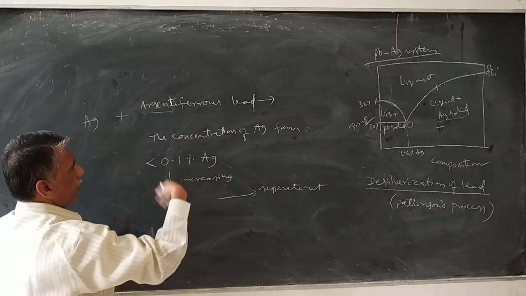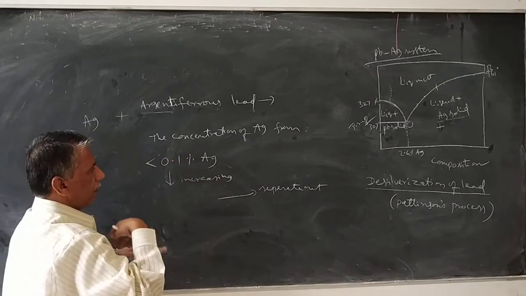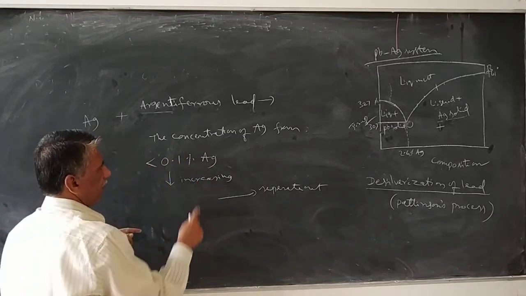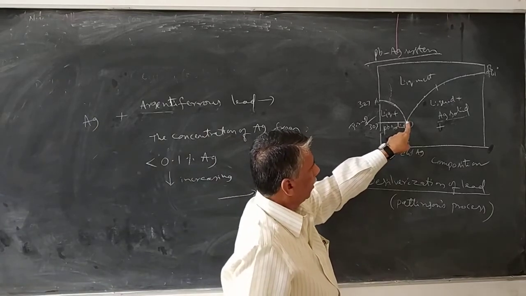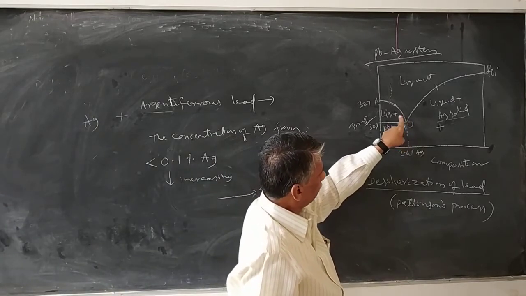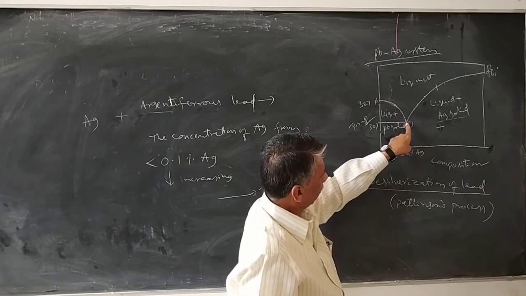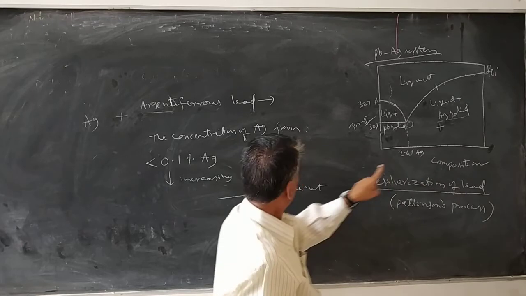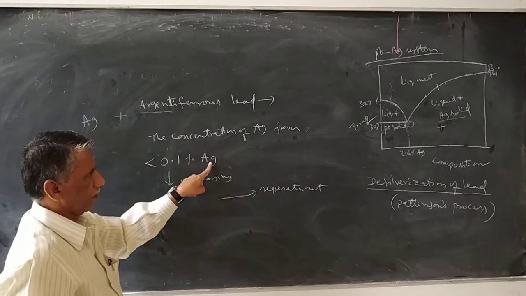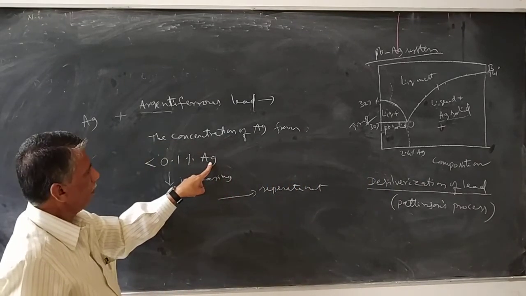Okay, so this process increases the percentage of silver up to this stage, and I told you at this stage the amount of silver has increased to 2.6% from 0.1%.